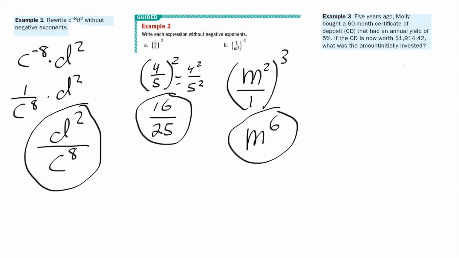Okay. We can also use this to solve some of the problems that we've seen in the past. 5 years ago, Molly bought a 60-month certificate of deposit that had an annual yield of 5%. Now, how many times does 5 go into 60? 12. 5 years is 60 months, right?